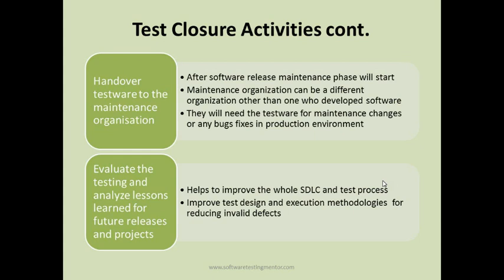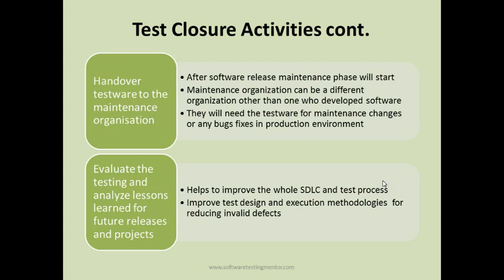Suppose in this test cycle you found 200 defects in 500 test cases, that's a bit of a concern. So you can analyze what went wrong during development, where it was lacking. Why were there so many defects? Was it because good development standards were not followed?